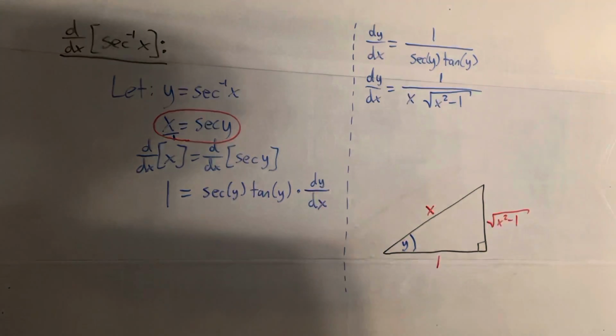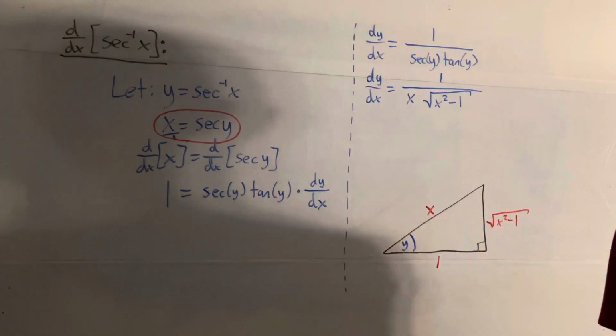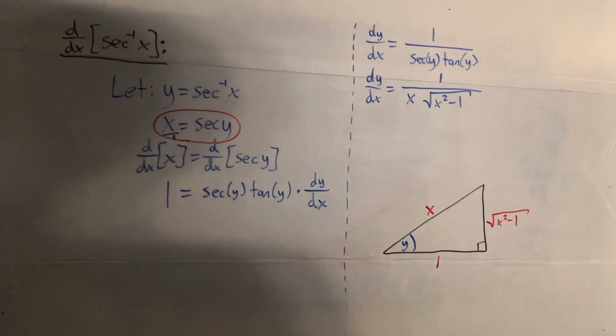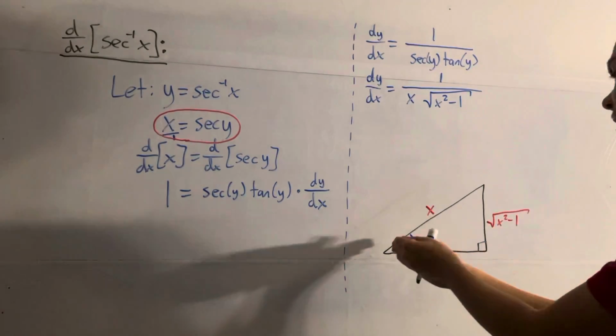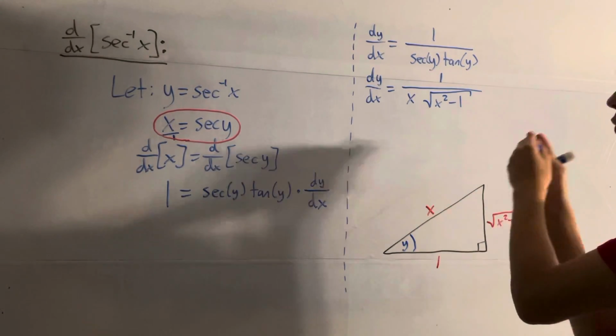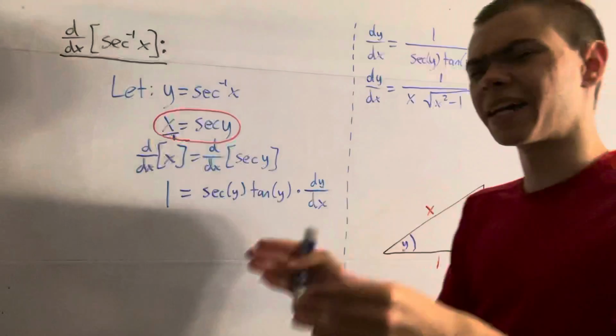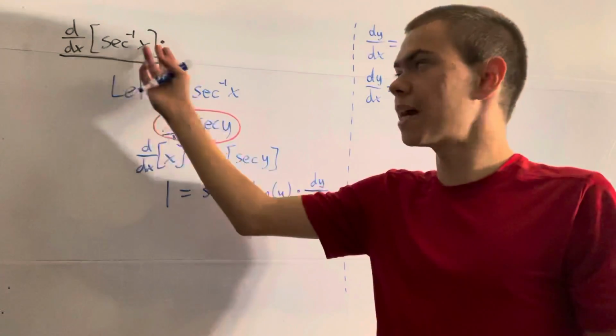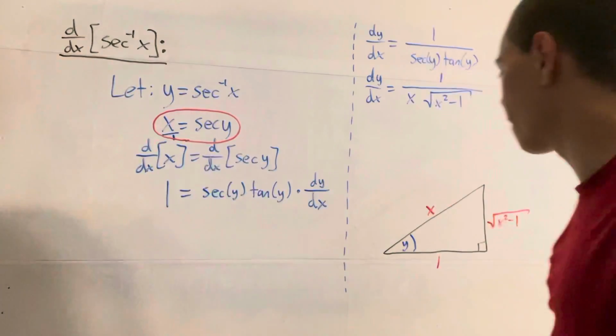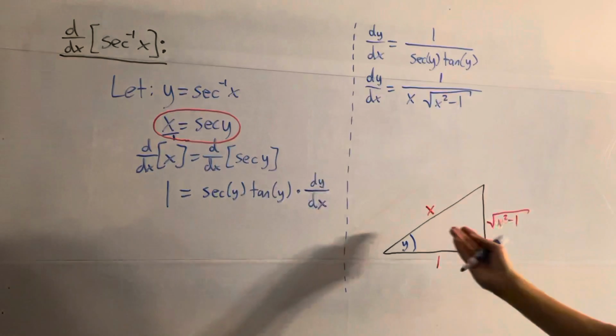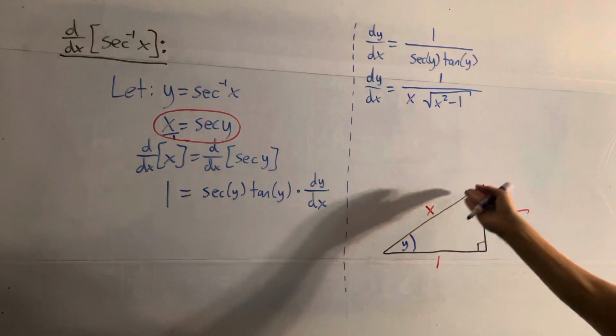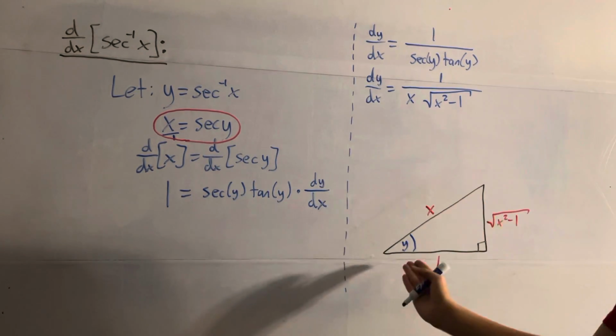But is this correct? What about this length x right here? What if x is negative? x has the ability to be negative, doesn't it? But can the length of this hypotenuse really be negative?